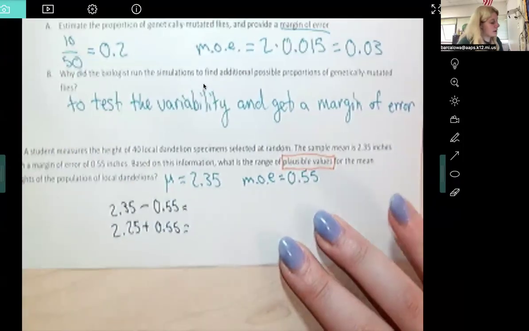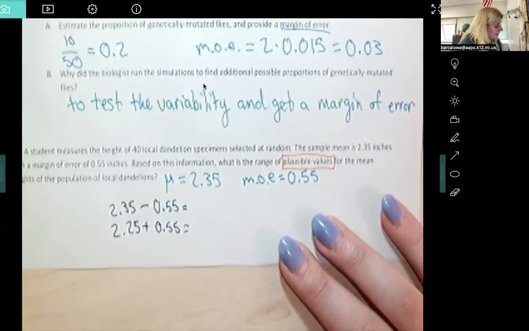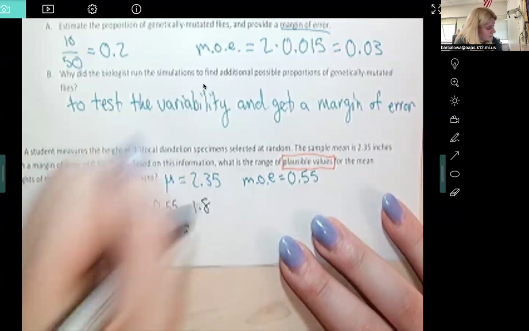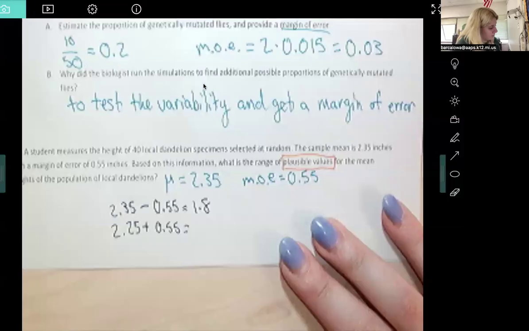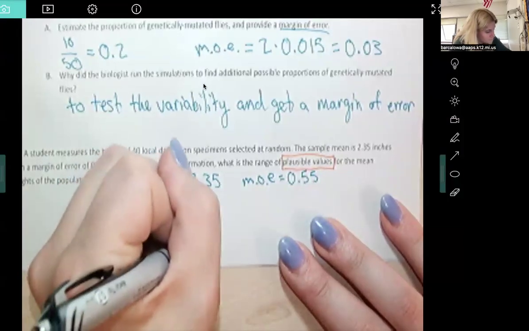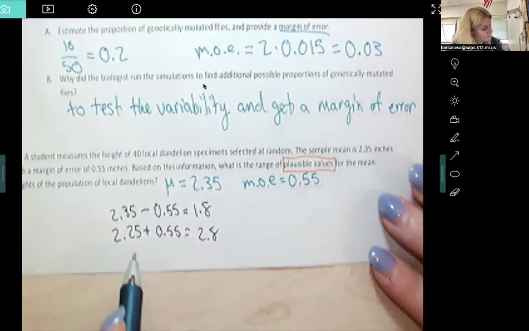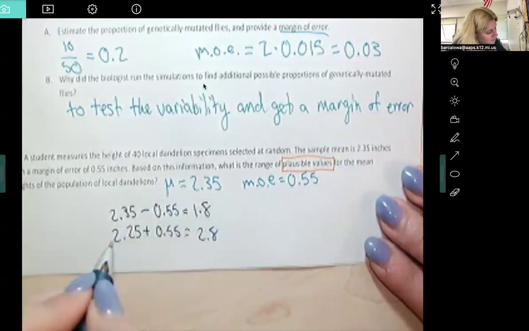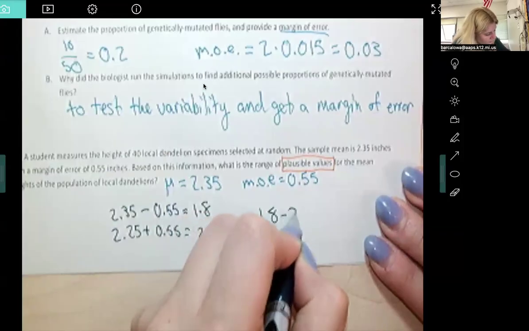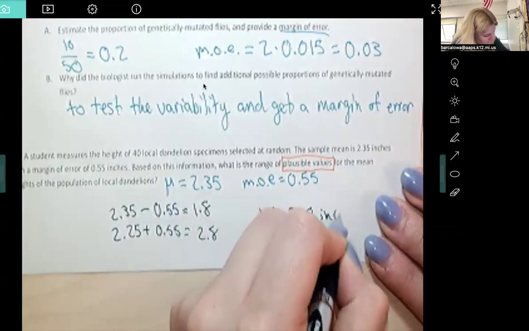That margin of error gives us a range that we are 95% confident that the actual value falls within. I'm just typing in my calculator. So the range of plausible values, I would say between 1.8 to 2.8 inches.